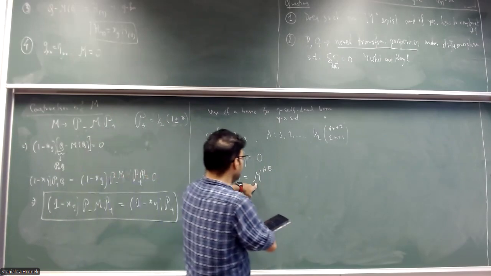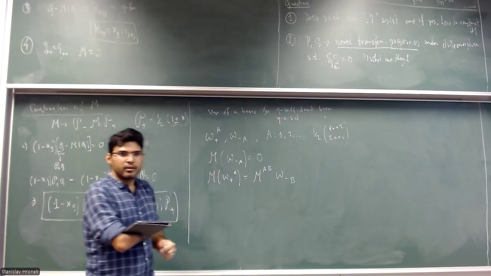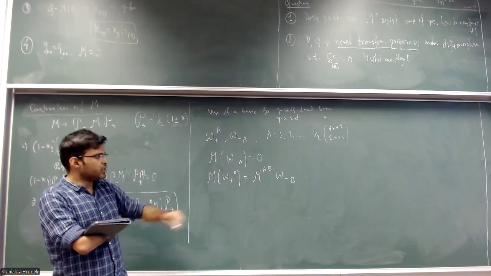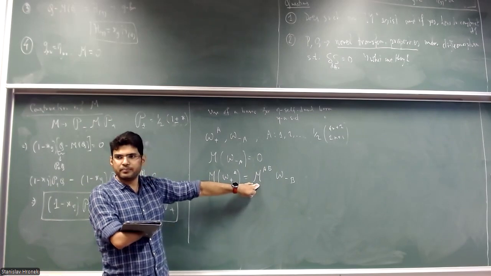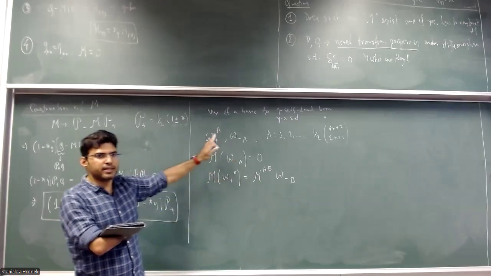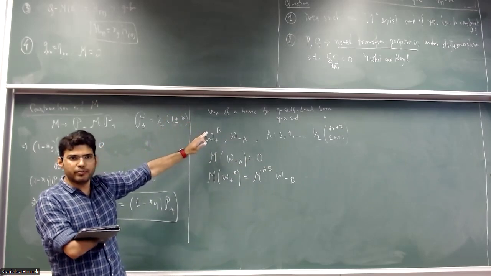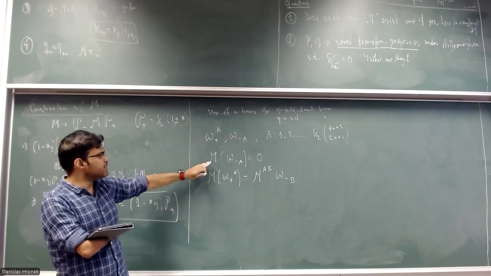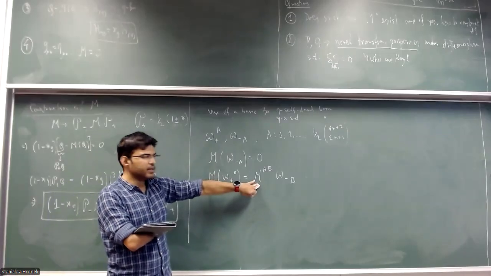So it will be some M_AB omega minus B. So construction of this M now reduces to finding this matrix M in this basis. We have just chosen a basis, which is a basis for the eta self-dual and eta anti-self-dual forms. And in terms of that basis, the linear operator M can be encapsulated by a matrix M.